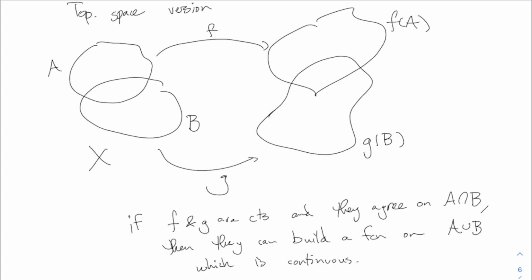All right. If the two functions' values are the same where it overlaps, then actually you can create a big function whose domain is everything, all of A and B together. That's why this is A union B. And that function will still be continuous. All right. That's the idea.